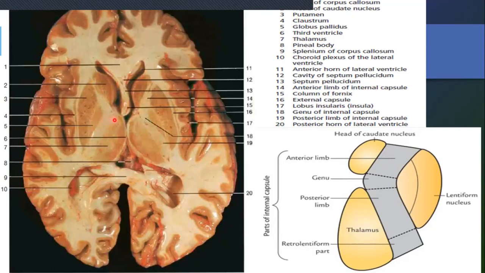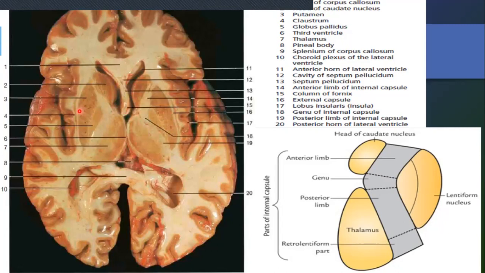Then I want you to see something. You can see this structure labeled number 16. That is your external capsule. Then we have another capsule known as the extreme capsule. Here I want you to see this gray matter. This is a thin one, just a thin one. That is known as the claustrum.